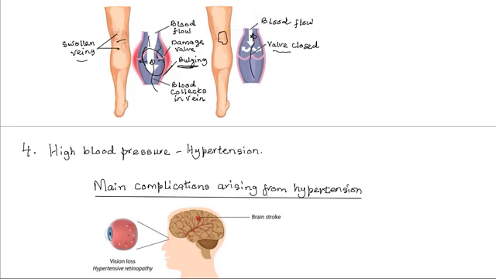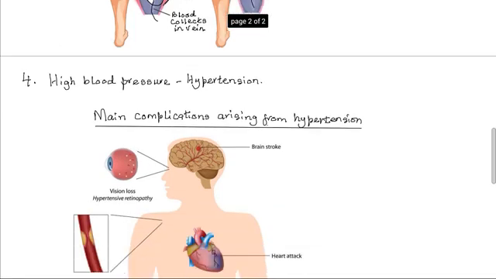Now, a fourth and very common disorder of the circulatory system is high blood pressure, also known as hypertension.